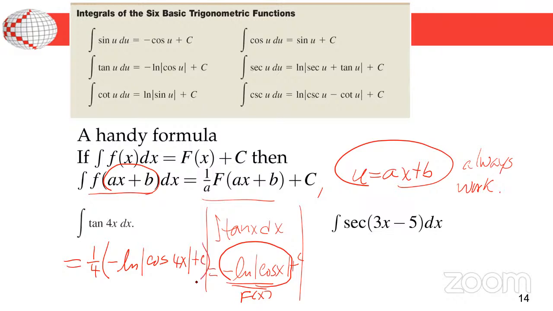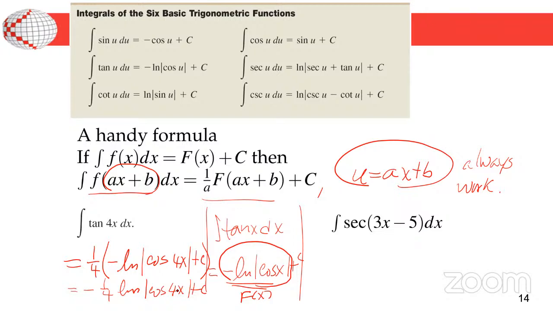So you can write out the answer right away. Of course, here you can rewrite it as negative 1/4 log of the quotient, 4x, plus c outside.